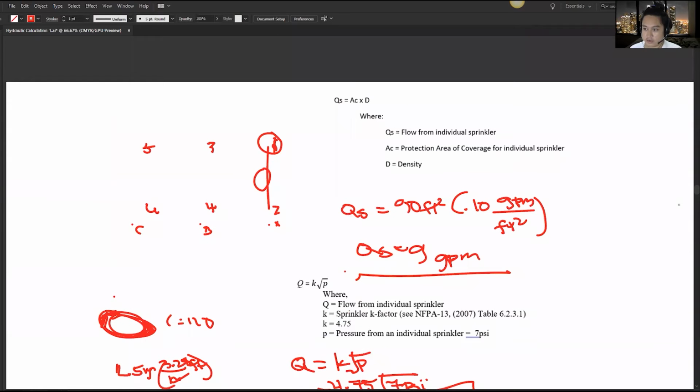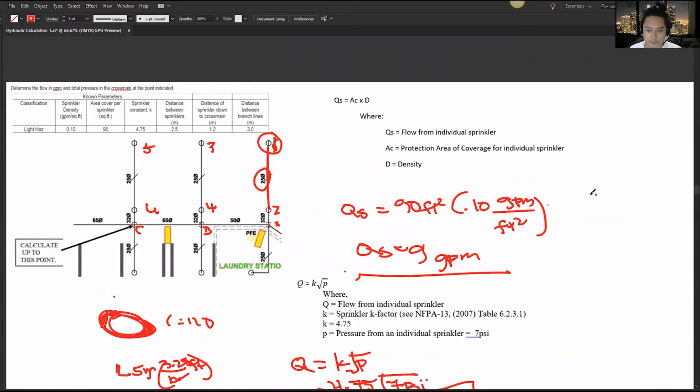So if this is our floor plan here, say this is our branch lines. This is the cross main, this one. Now what I'm talking about is the sprinkler is just right here. It does not have any elevation in reference to the cross main.